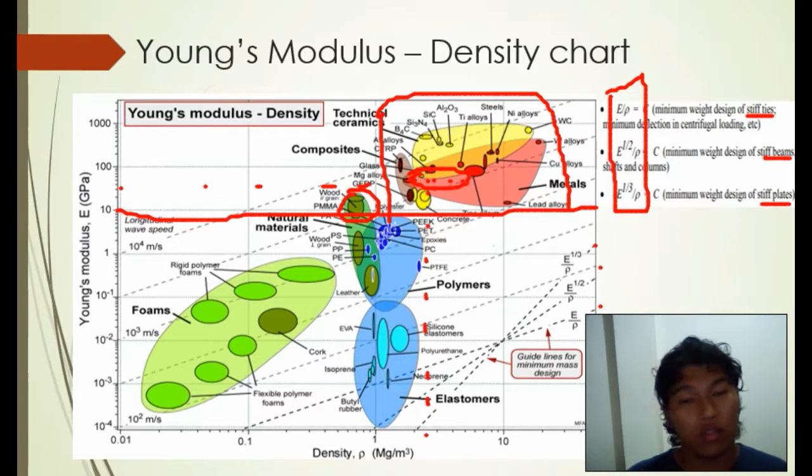From this group we can choose the best one for us. It will depend on whether it's cheap or not, and whether it has a high resistance to wear and to corrosion, and then with those criteria we can choose the best material.